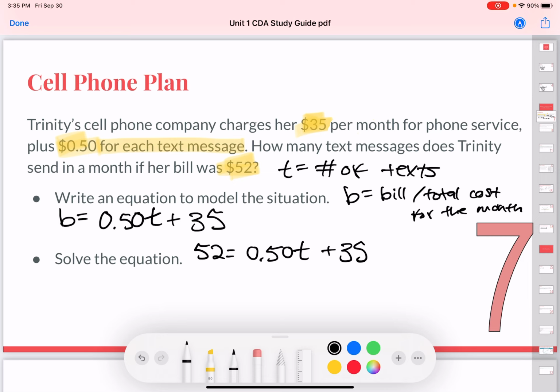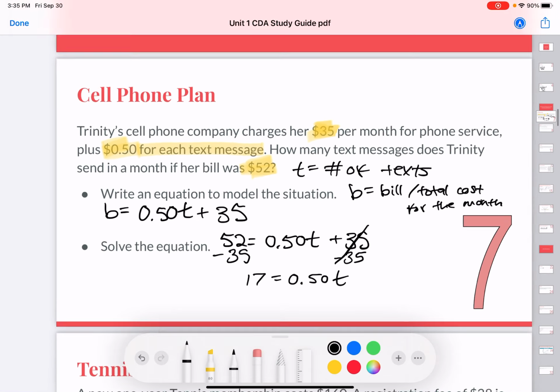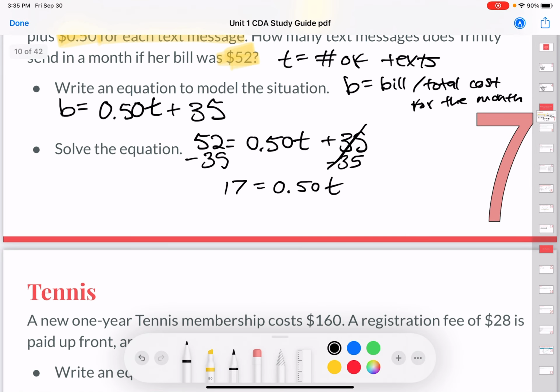So I have 35 being added, so the opposite of that is to subtract 35. 52 minus 35 is 17. Bring down the 0.50 T because we haven't done anything with it. So 17 equals 0.50 T. I want to get T by itself.